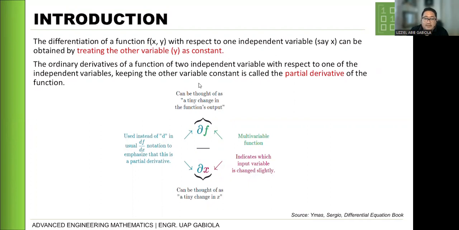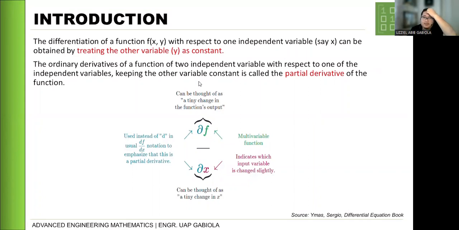Doon sa functions natin. Ang ginagawa lang natin, if we have a function na meron siyang two or more variables, ibig sabihin meron tayong in terms, yung function na given sa atin, pwedeng maging may x at y siya, or pwede siya maging x, y, z, or more independent variables. And then when we are trying to get its partial derivative, tinitreat natin as constant or hindi nag-change yung isang variable. And then tinitreat natin as changing yung isang variable.